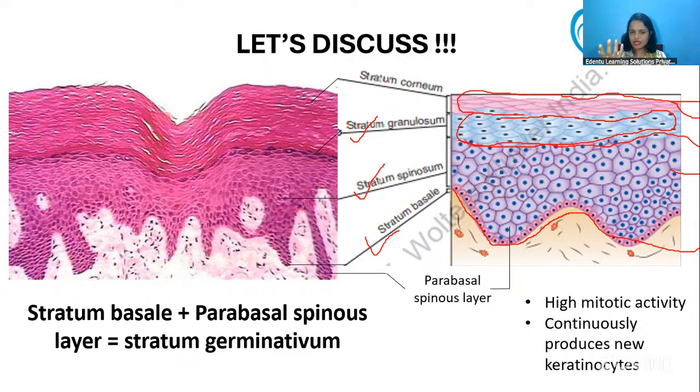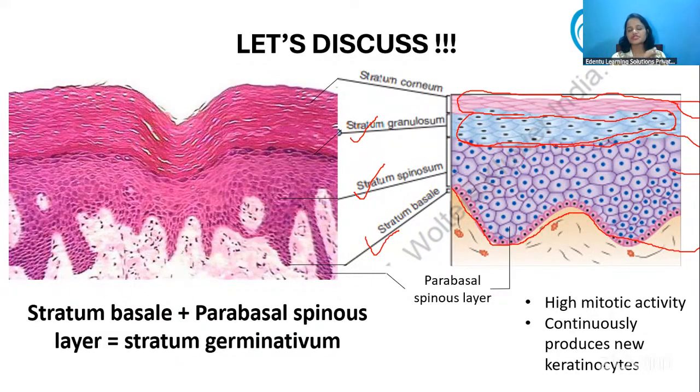Just like the germ layers we already discussed, from which all the structures of our human body are formed, stratum germinativum means that from this layer all the upper layers, or all the cells for the upper layers, are formed. So they are called the stratum germinativum.